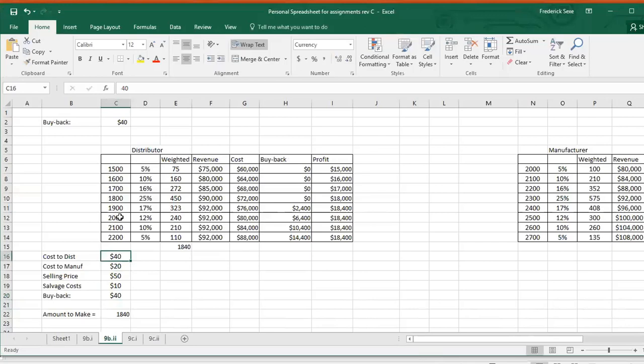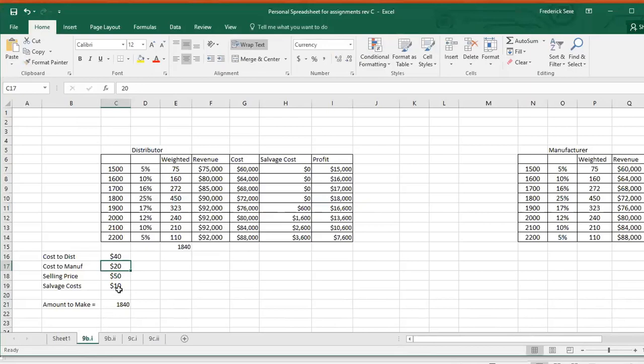And this is similar to the salvage cost. So instead of the distributor getting the salvage cost of $10, they're going to get the buyback cost of whatever we do. In theory, you could use one spreadsheet and use salvage cost for buyback cost. You can do that too.